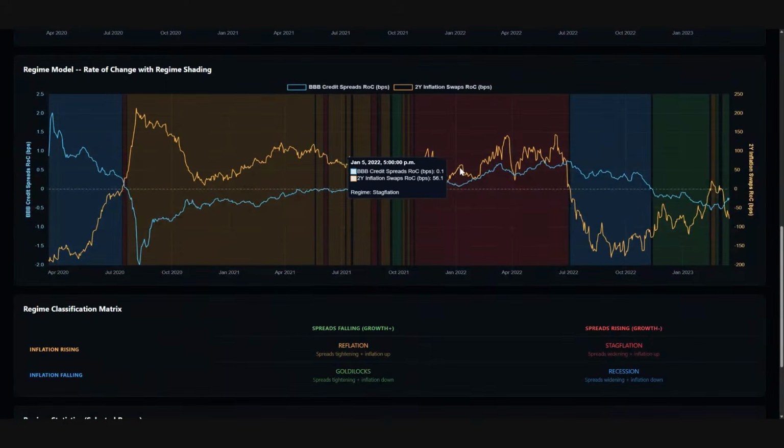Notice here during this period of time in 2022, this is really what happened, where you had inflation positive, and then you had credit spreads positive in 2022. That occurred for an entire year, which is why we had the bear market in 2022.